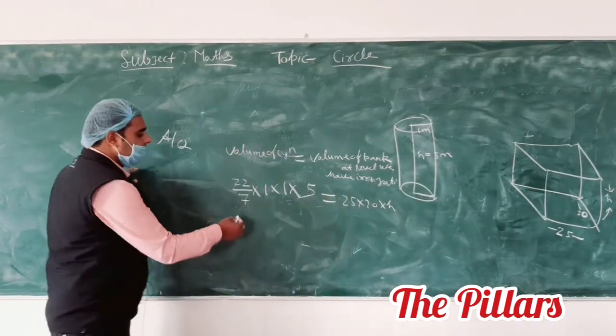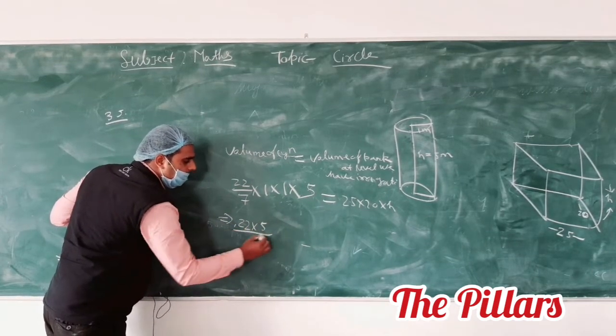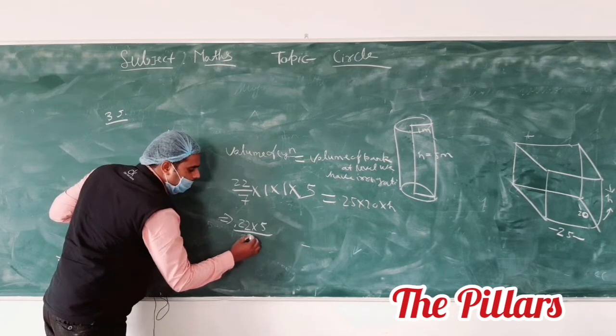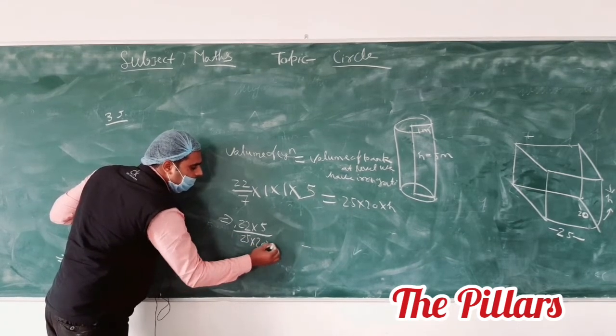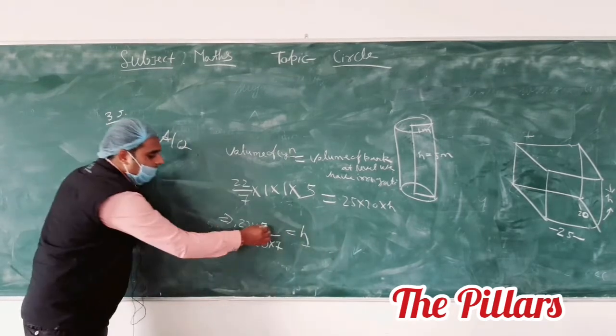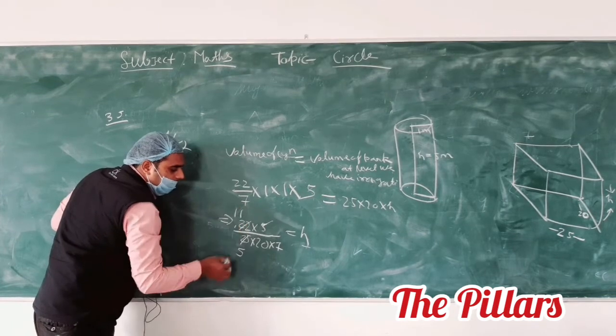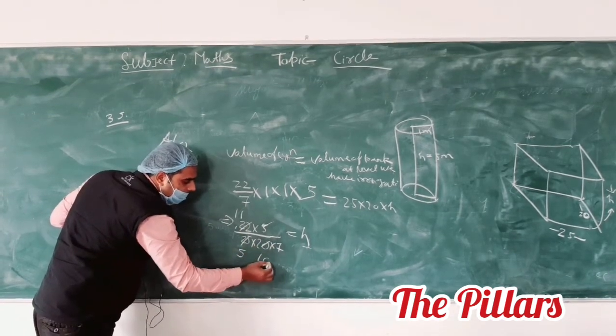This implies 22 into 5 divided by 25 into 20 into 7 equals h. 5 fives are 25, this will be 11, this will be 10.